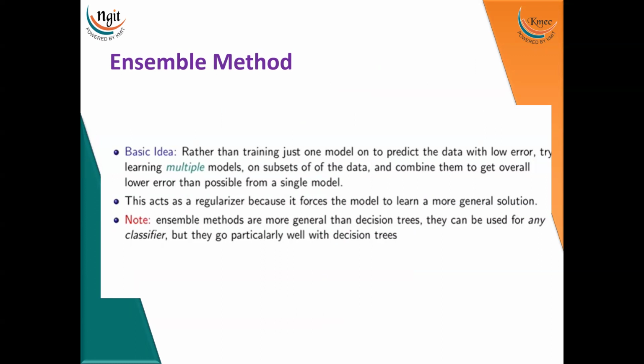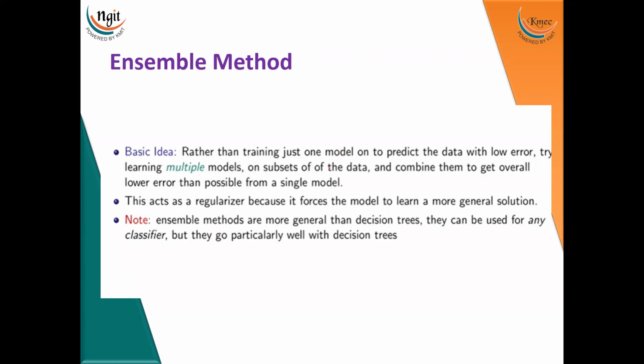What is the basic idea of implementing ensemble methods for machine learning algorithms? The basic idea behind this ensemble method is, rather than just training one model to predict the data with low error, we can try learning multiple models on subsets of the data and combine them to get an overall lower error than possible from a single model.